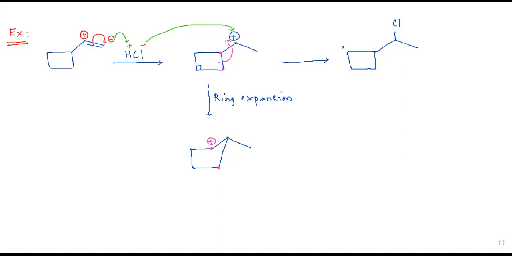Now this is nothing but a 5-membered ring with, say, a methyl group and a positive charge on its adjacent carbon. Now this is a 2-degree carbocation, which of course is less stable. There is possibility of this less stable carbocation getting converted into a more stable one.